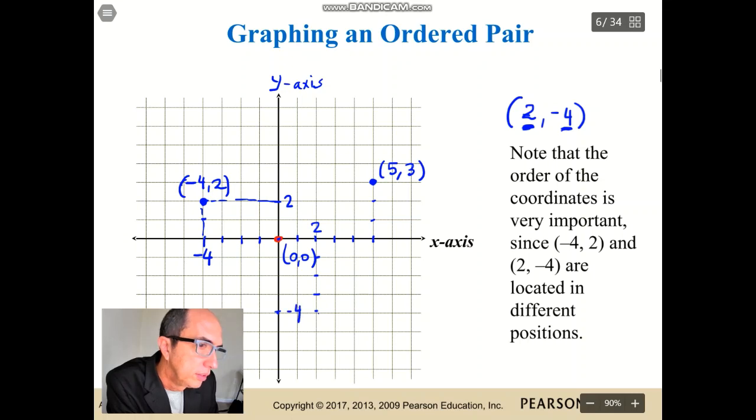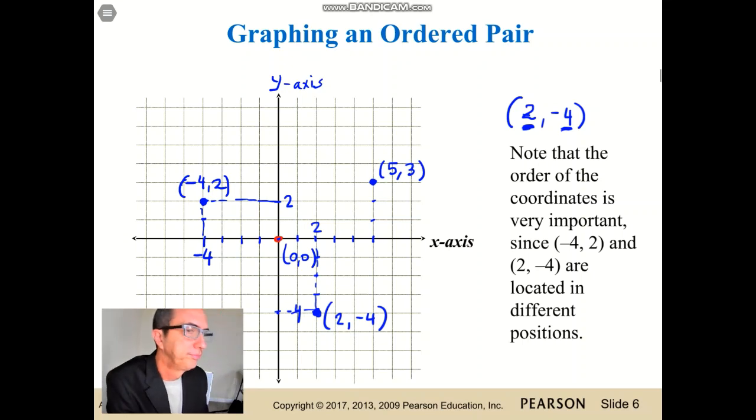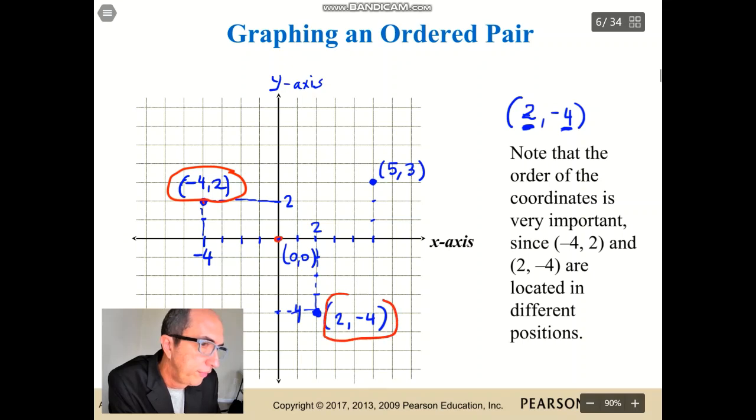This point here is going to be associated with the coordinates 2, -4, the ordered pair 2, -4. Note that the order of the coordinates is very important, since, have a look here, -4 and 2 is this point, and 2 and -4 is a totally different point.